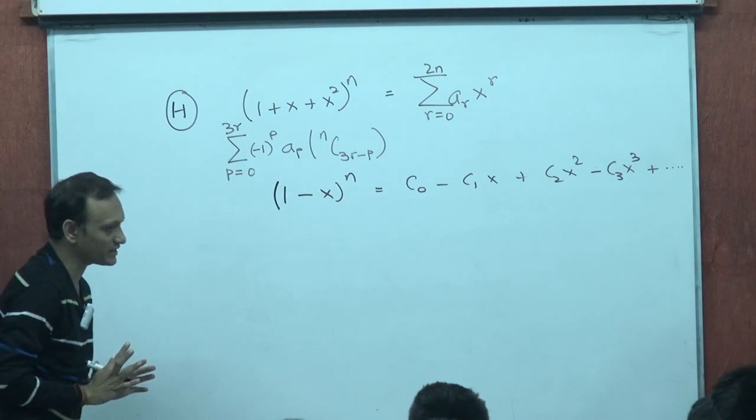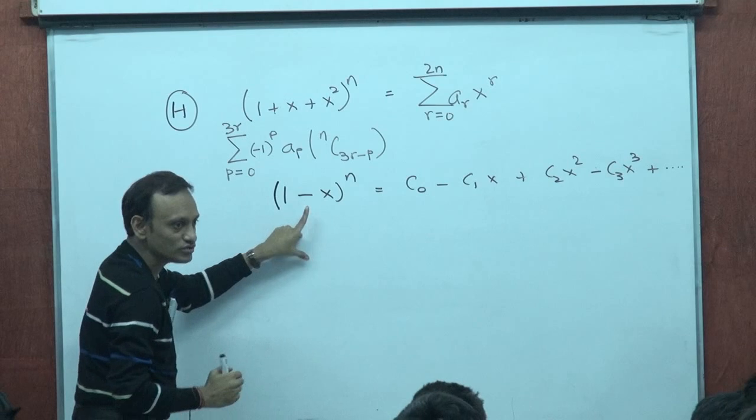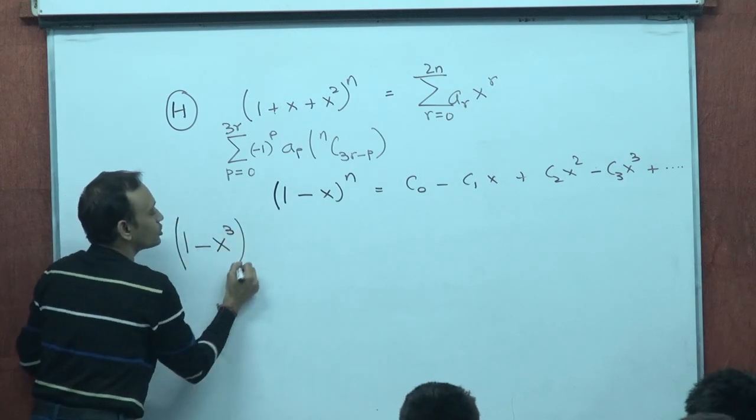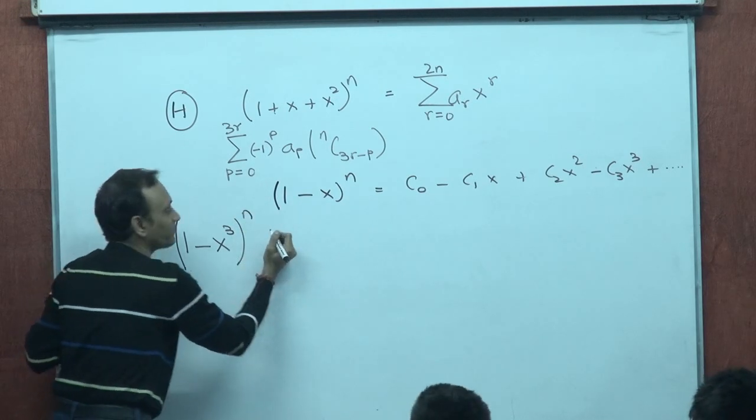I hope you realize where it's all sourced from. Now I multiply these two. I get (1 - x^3)^n.